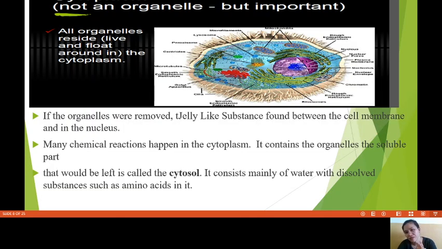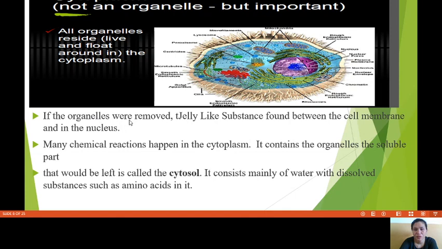Alright, so let's go now to your cytoplasm. Take note of this. Cytoplasm is not an organelle, but it is important. Why? All organelles reside or float around inside the cytoplasm.